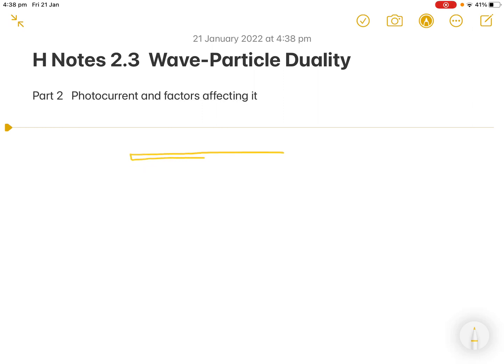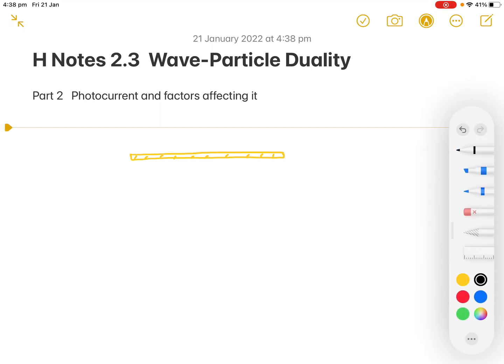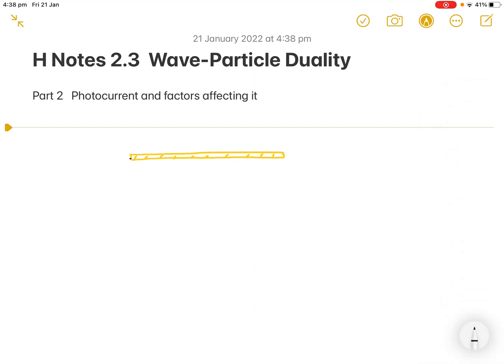We very often have a quartz window, which I'm drawing in yellow here. And the quartz window is there because ultraviolet radiation, which does cause the photoelectric effect, as you know, with zinc, can't penetrate ordinary glass.